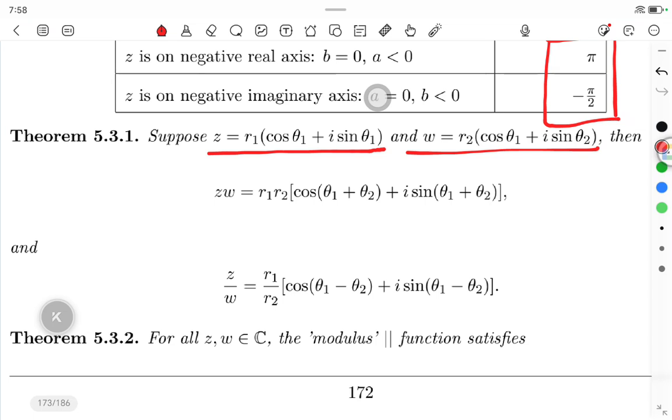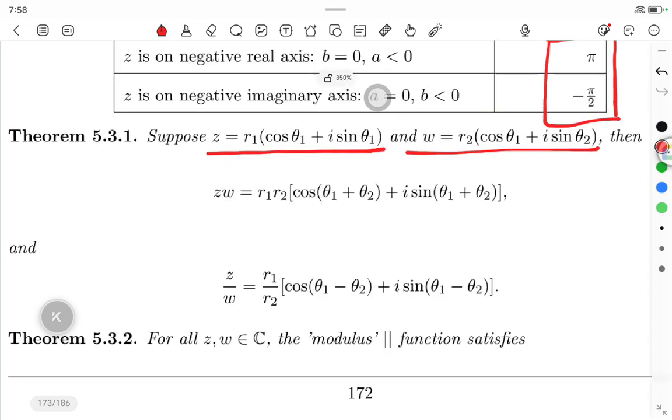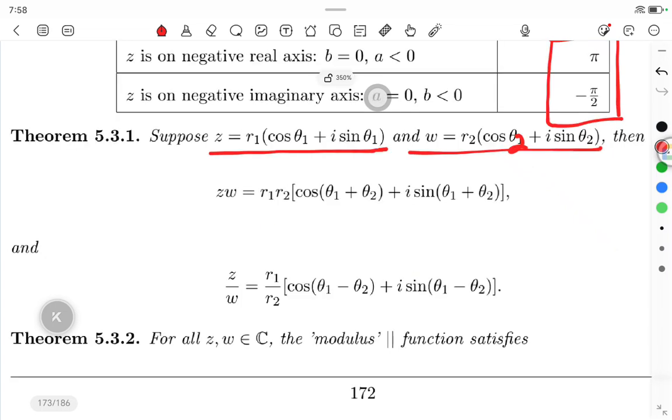I think this one should be 2, right? It's not supposed to be 1. Let me check. Yeah, it's fine. We'll try to check as we go on, but I think that was supposed to be 2.